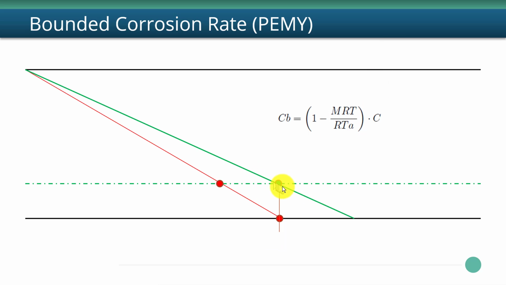It's the slope where if you go above this you are going to have ground leakage under the linear corrosion rate model. It's a simple formula. It takes 1 minus the minimum remaining thickness divided by the repair to thickness after repairs times the API 653 corrosion rate. This is called the bounded corrosion rate, CB.